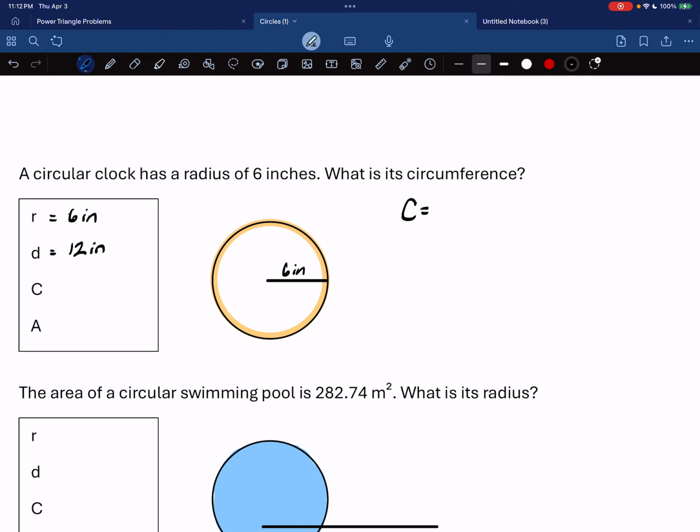So C is 2 pi r, or 2 pi 6, or 12 pi, or approximately 37.68 inches.